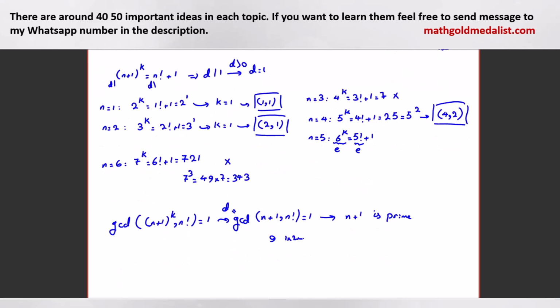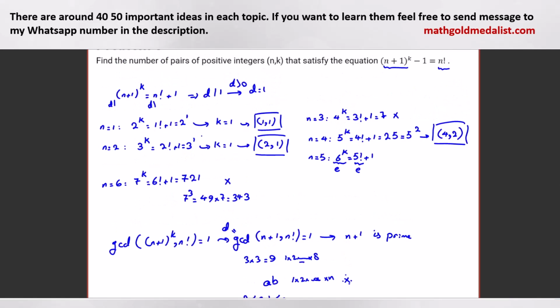Then if you multiply 1 to 8, because 9 is 3 times 3, then 3 is here. Or in general, if n plus 1 is not prime, it is AB, where A and B are at least 2 and less than or equal to n minus 1. Because AB equals n plus 1, if it is a composite number, then in 1, 2, up to n, you have A here. That's a contradiction. So n plus 1 is prime.